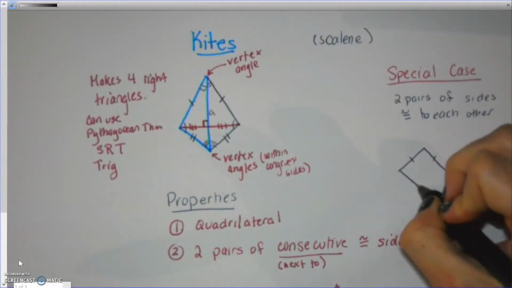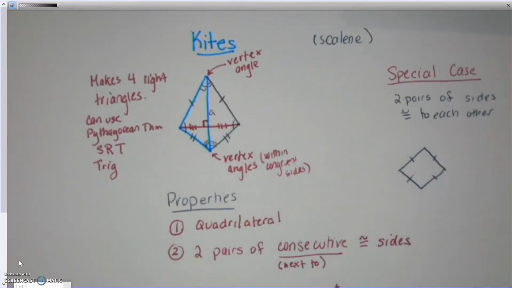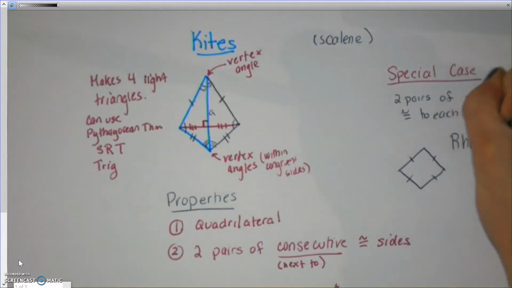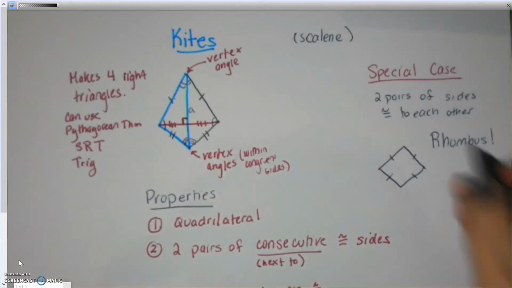And then here's my other pair of sides, and they are also congruent. Well, what figure did we just create? We created a rhombus. We created a rhombus here because it now has 4 congruent sides.